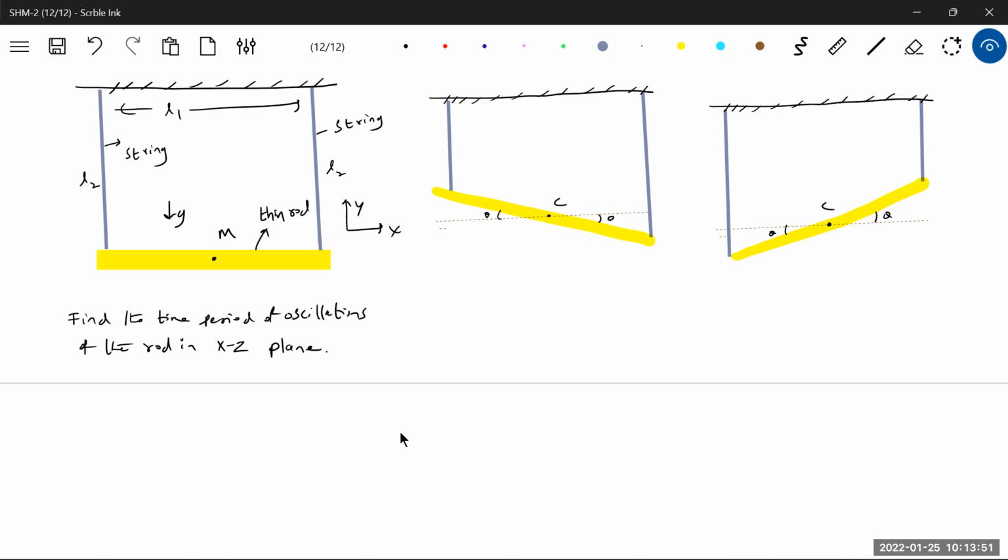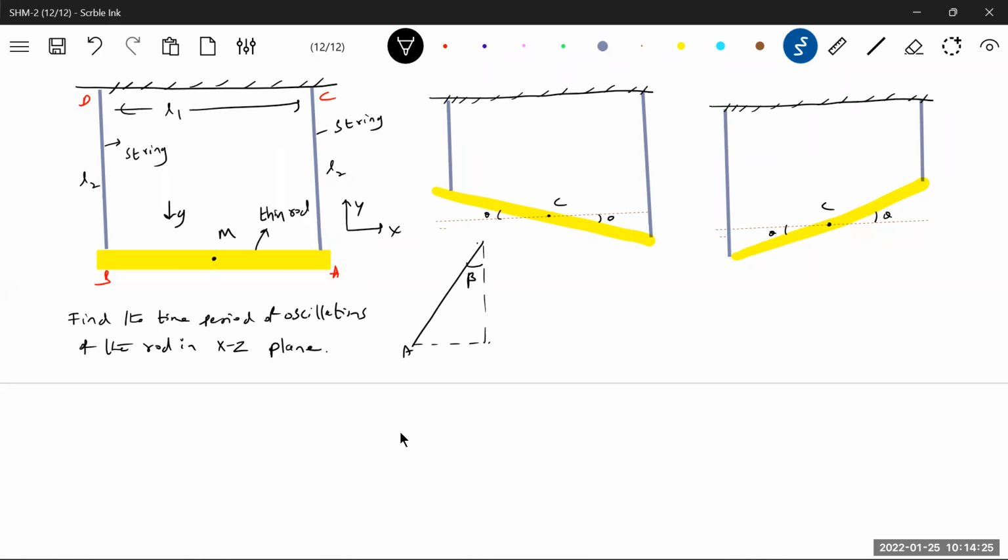Okay, sir, we are still not able to understand. In the XZ plane the rod will rotate. A, B, C, D, let me take here. Okay, this is the point C. This is A. This is beta.